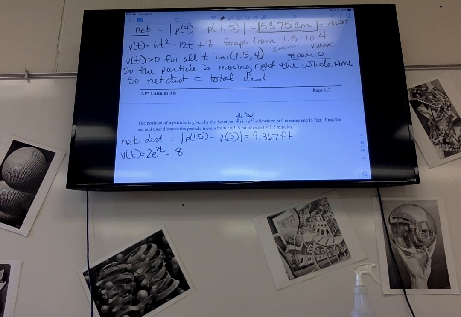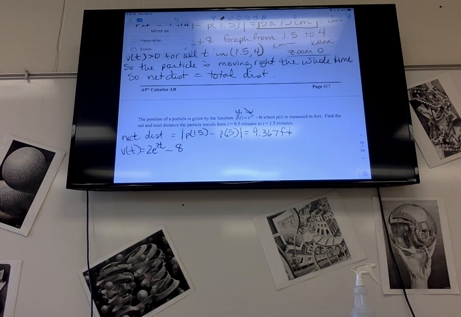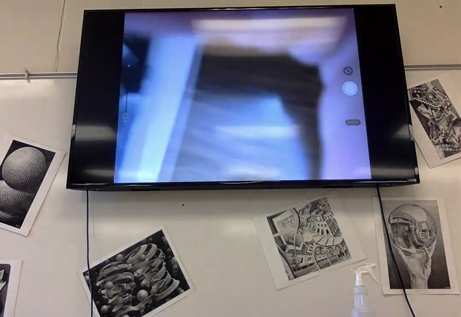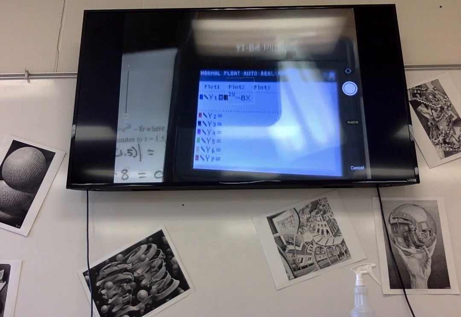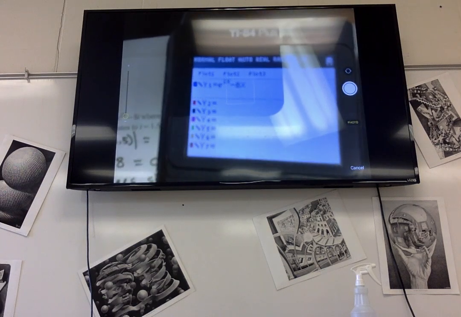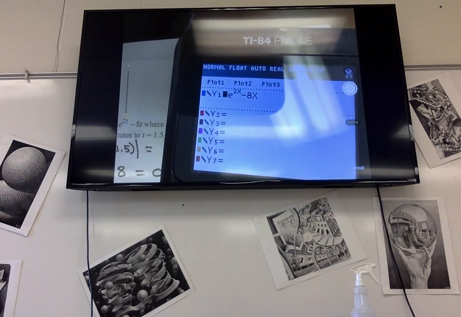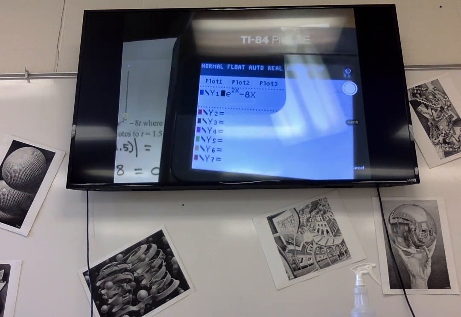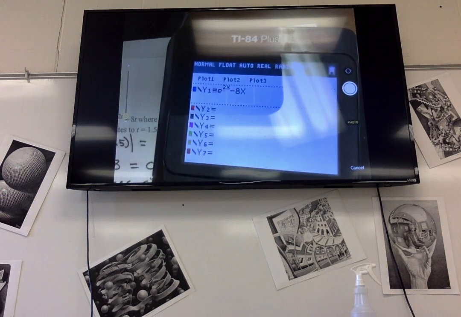Now, what you can do so you don't get rid of the first one is go over on top of the equal sign here and hit enter. It'll turn off that graph, so you didn't have to delete it.